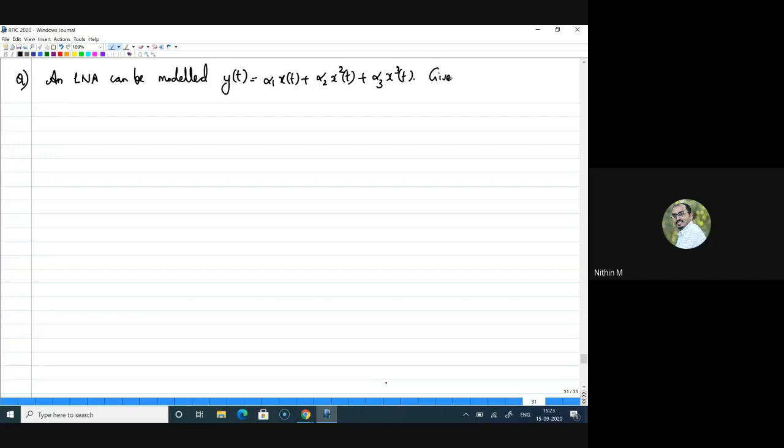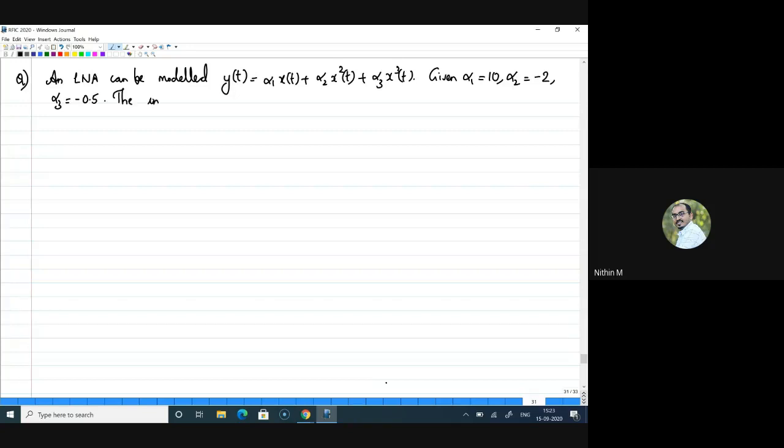Now, given that alpha 1 is equal to 10, alpha 2 is equal to minus 2, alpha 3 is equal to minus 0.5. These are the values given.